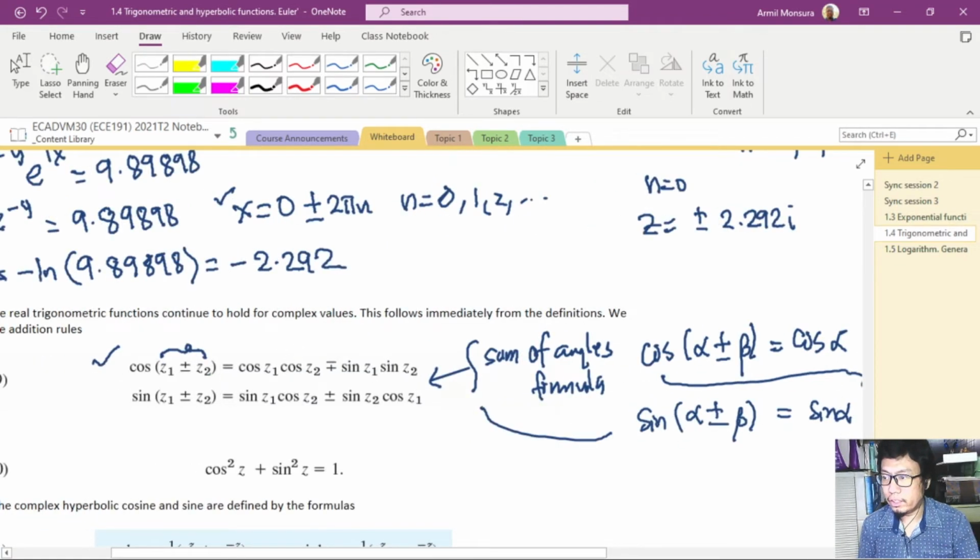So they're similar. I'm saying that they're not the same because on this side you're talking about real numbers, and on this side you're talking about complex numbers. So the forms are basically the same.